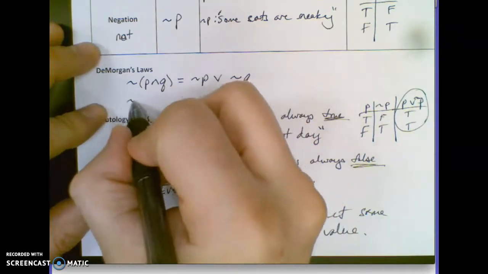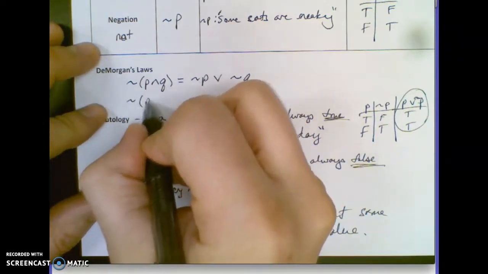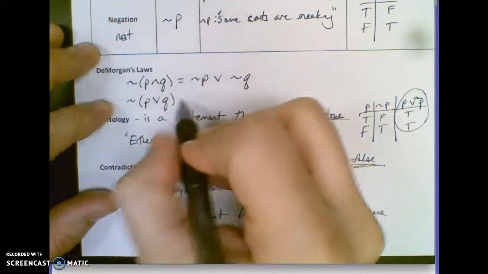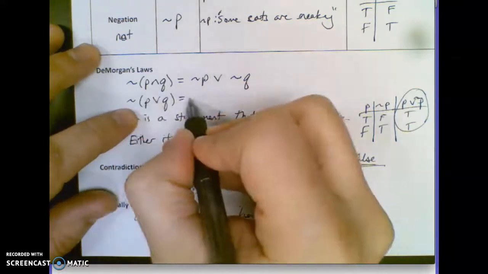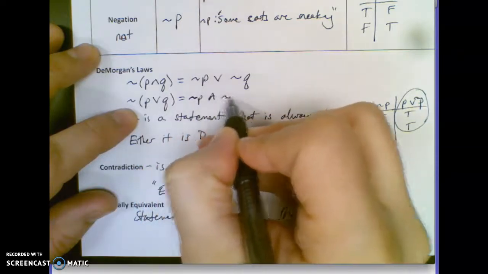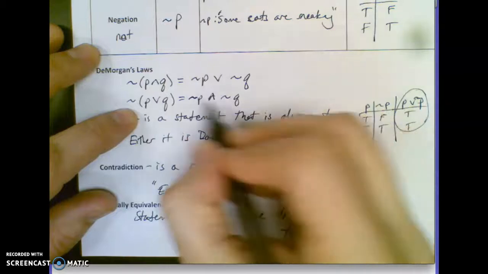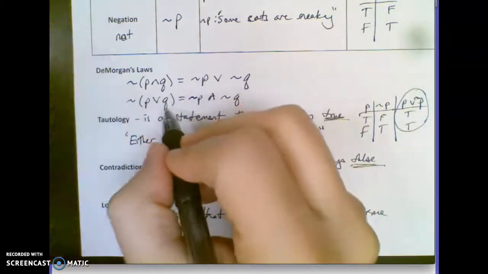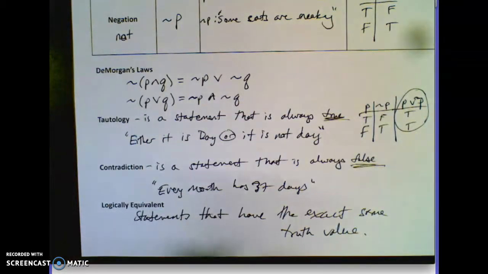And here's another one of De Morgan's laws. If you had not in front of an or statement, it would distribute in to mean not P and not Q. It's sort of like the distributive property, but the symbol also changes.